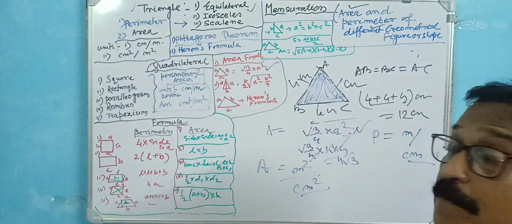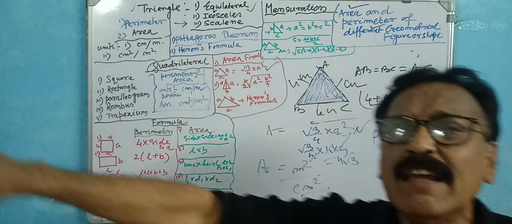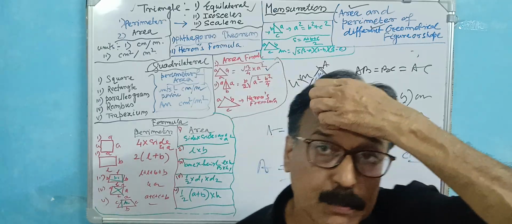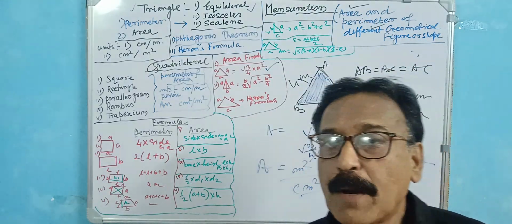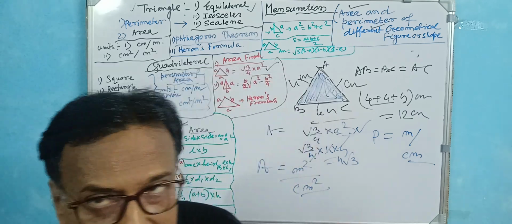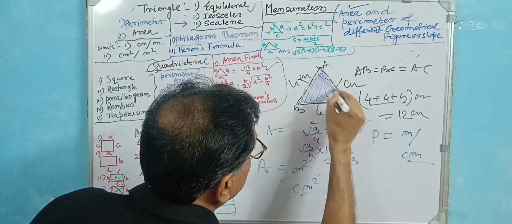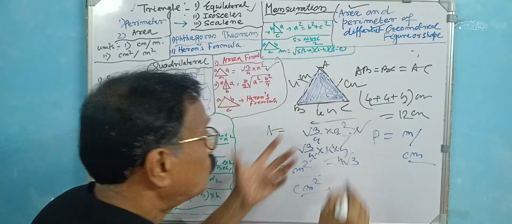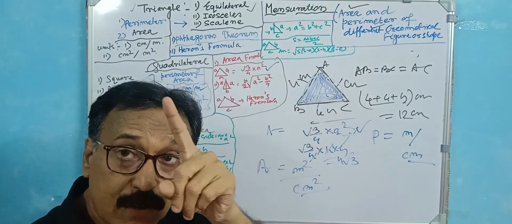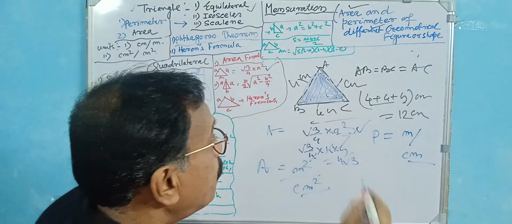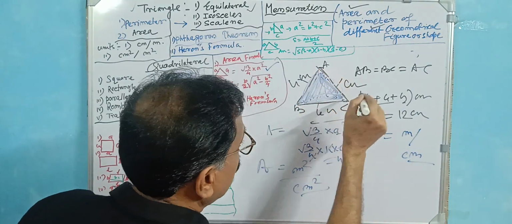But always the square. In case of perimeter, only the length you calculate. Suppose 4 plus 4 plus 4, 12 meter or centimeter. But in case of area, you calculate this part, so the unit is centimeter square or meter square. The boundary is actually the perimeter.